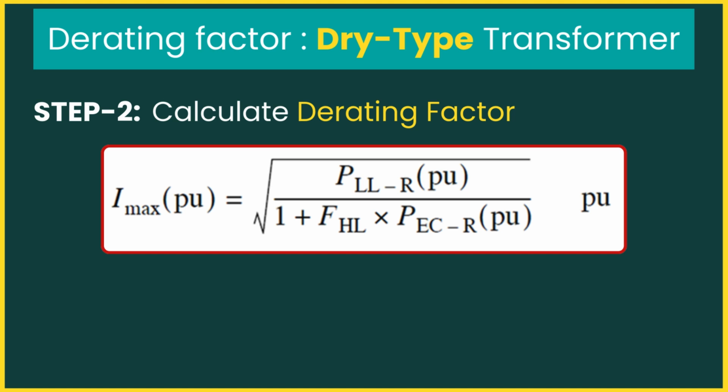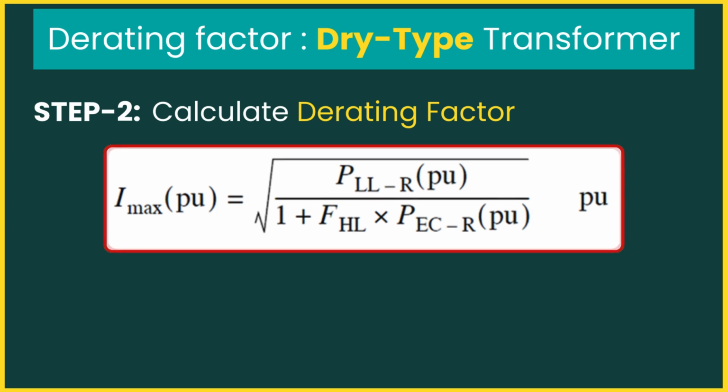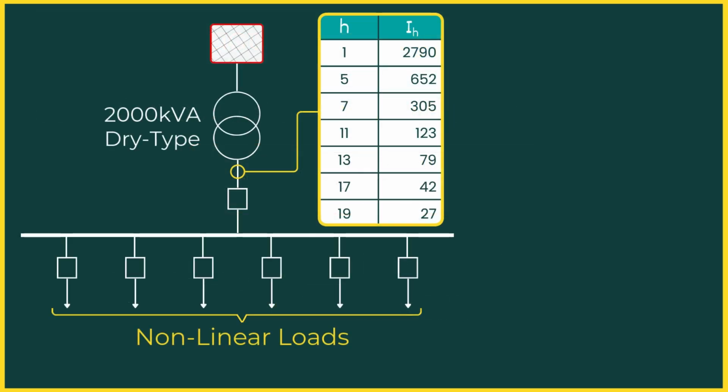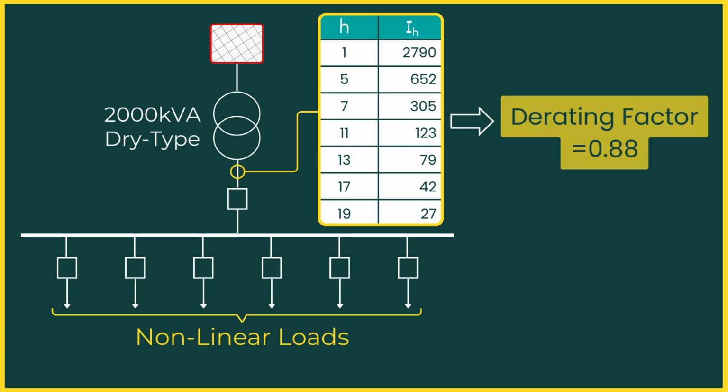And FHL is the harmonic loss factor we calculated in step 1. Substituting the calculated FHL value and the rated loss data into this equation gives us a derating factor of 0.88. This means that, with the given load current harmonic spectrum, this dry-type transformer can be safely loaded up to 88% of its rated capacity. This is how derating is done correctly.